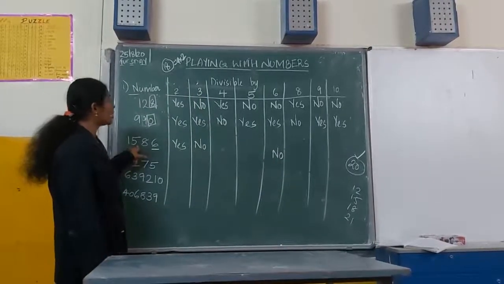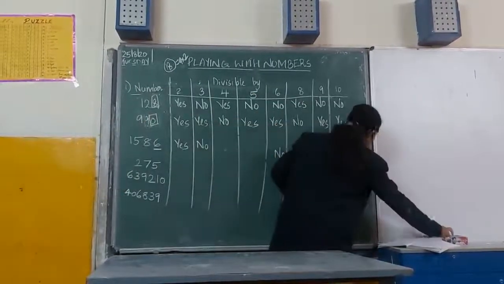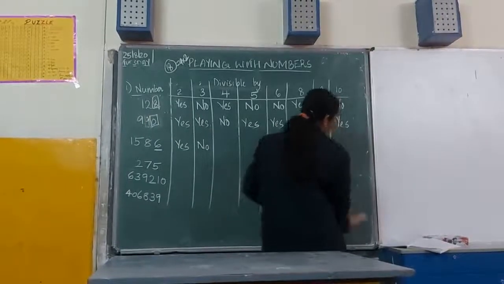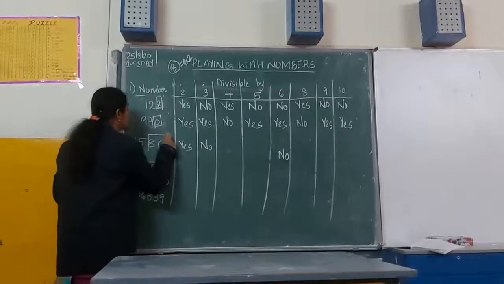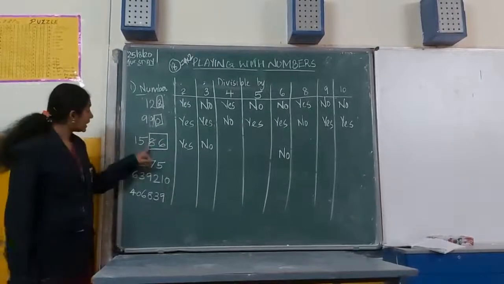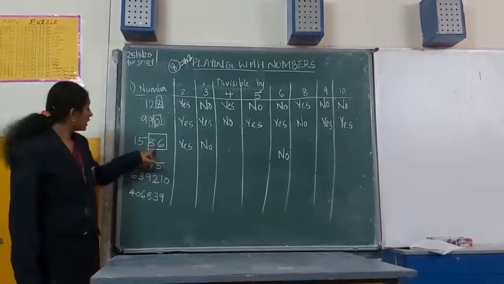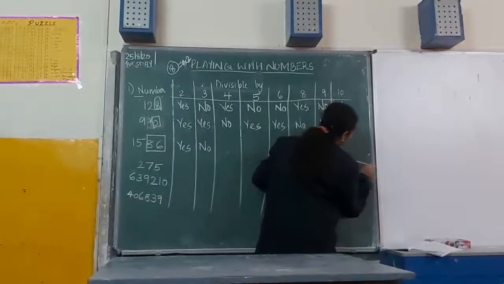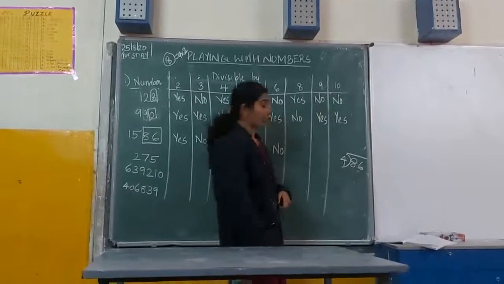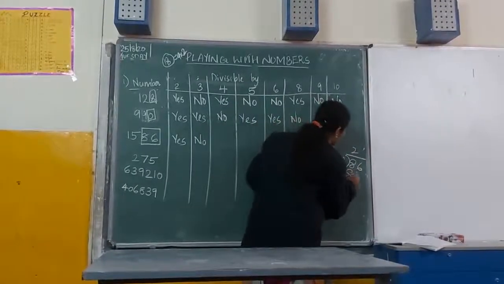Next, how to check the divisibility by 4? Which is the number formed by the last 2 digits? 86. Check the divisibility by 4. Divide it by 4. 4 twos are 8.